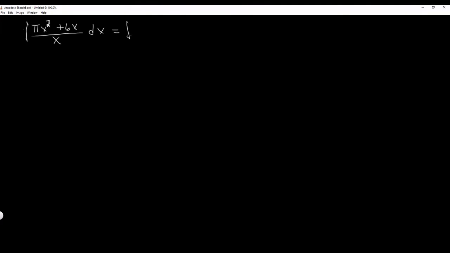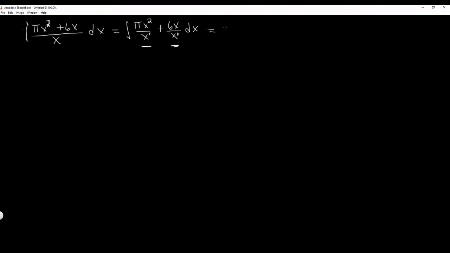It's going to be the integral of pi x squared divided by x plus 6x divided by x dx. And now we can just do this by parts, just like we did with the polynomials. But first we're going to have to cancel out these x's. So this is x to the 1st and x to the 1st.